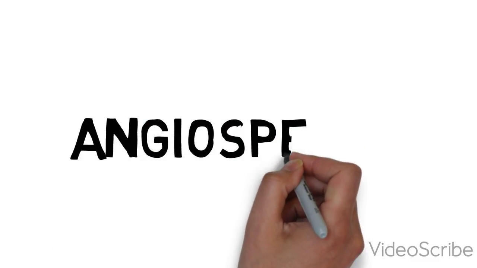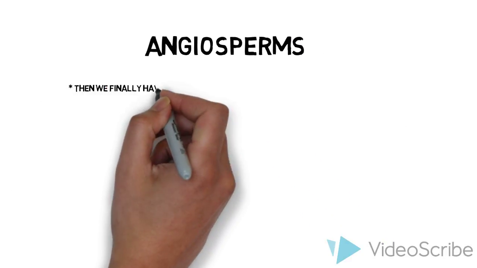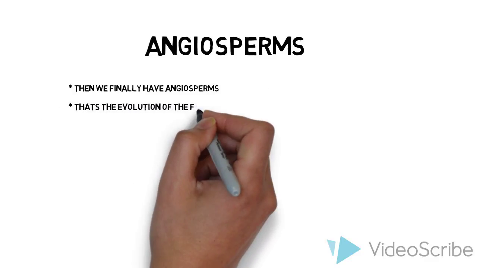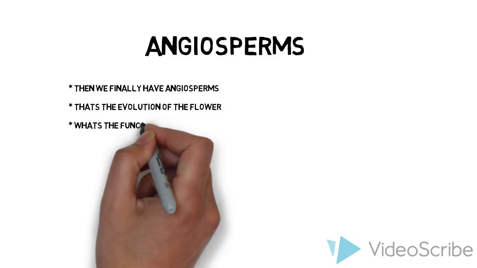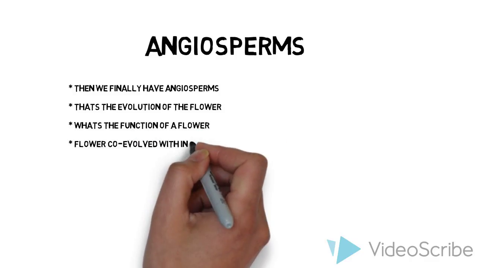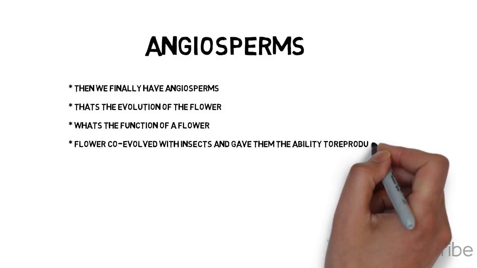Now we will talk about angiosperms. Angiosperms are the most advanced plants, we can say, of the categories before it. That's because of the evolution of the flower. And what is the function of a flower?